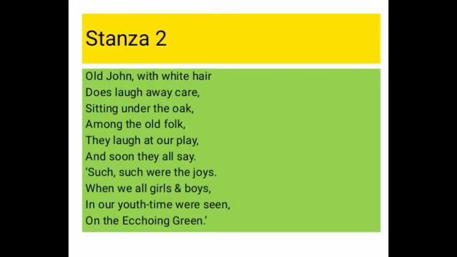In the picture, you can see he is sitting under an oak tree among the old folk, his old friends. They are watching the children playing and they are laughing. And they are telling themselves, such were the joys. These all were the joys that we were having when we were little boys and girls, in our youth time on the echoing green. This type of joy we are having. So they are remembering their nostalgic younger days.